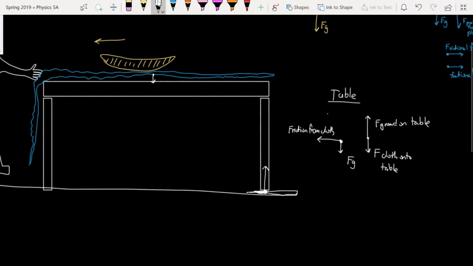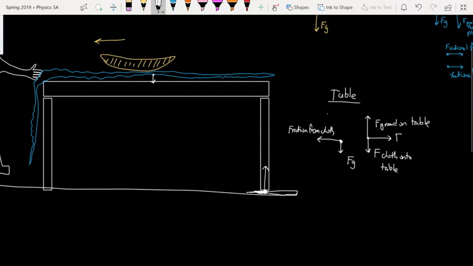But if we think about the other interactions happening between the ground and the table, we can also include some sort of frictional force. The term we would use in this one, if the table doesn't move, is static friction. But the technical name isn't really that important for this video. The more important thing is that there's something in the interactions involved on this table that makes it not move to the left, and that would be some sort of force going to the right that's equal and opposite to this friction from the cloth.